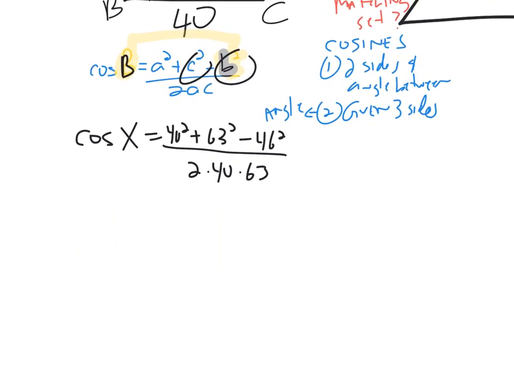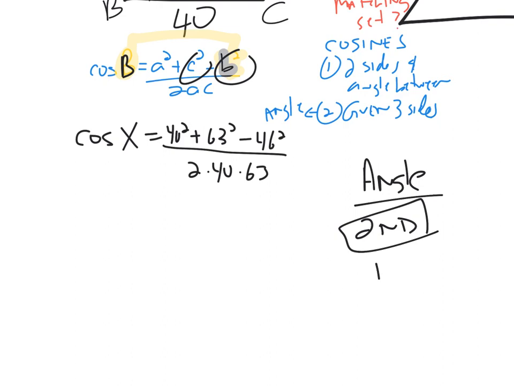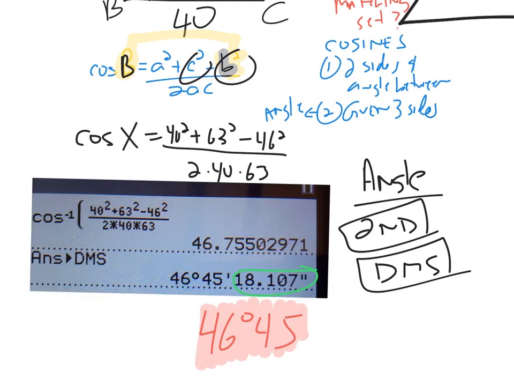Here, since we're finding an angle, we're going to have to press the second button and then DMS our answer. So here the angle opposite that 46-foot side turns out to be 46 degrees and 45 minutes. We look at the seconds. If it's 30 or less, and it is, it's 18, this stays the same.